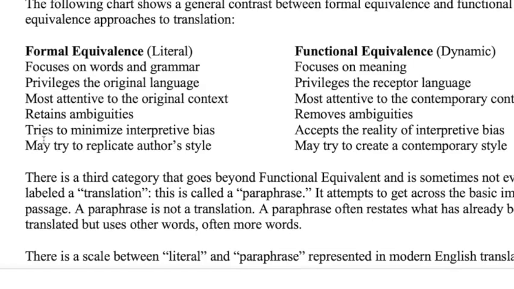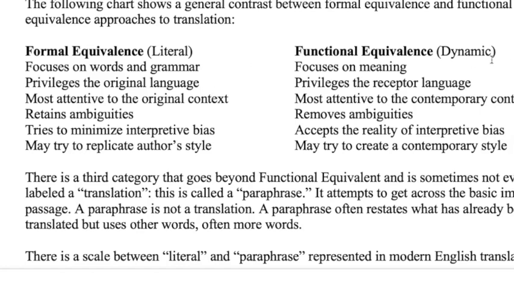It tries to minimize interpretive bias. Remember, translations always involve interpretation, and so formal translations try to keep that small. And they may try to replicate the author's style of writing when possible.